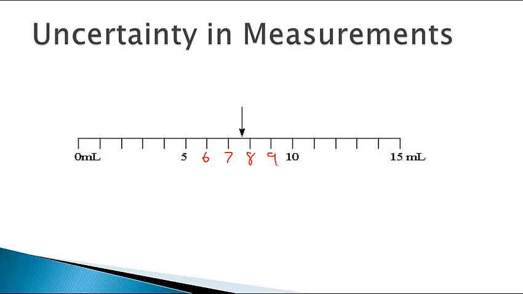Iris, what did you write down? 7.6. Did everyone at your table write the same thing? All right, 7.5. Did anyone write something other than those? All right, 7 and 1/4 or 7 and 3/4? 7.7. All right. Now, who's right?